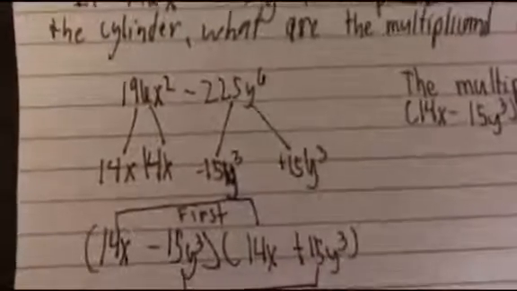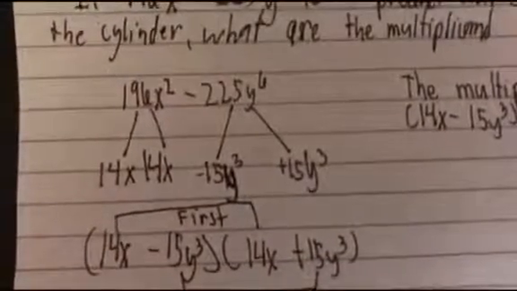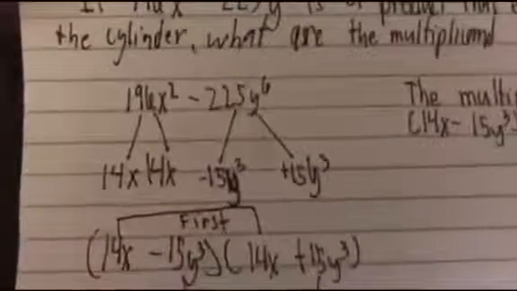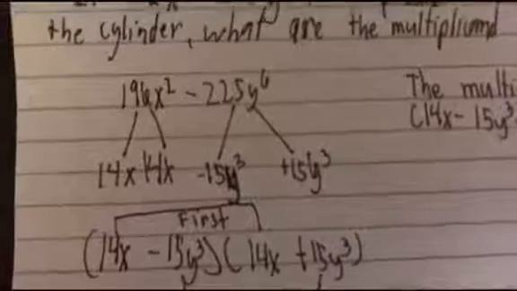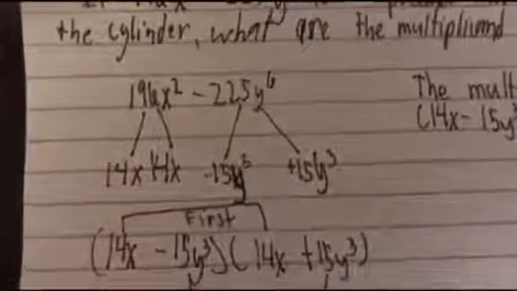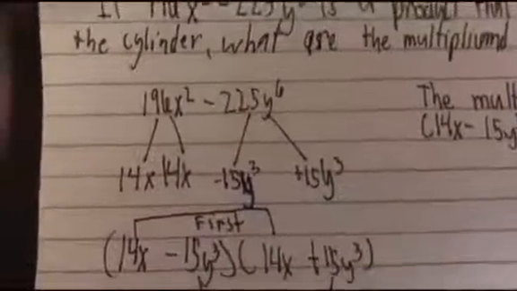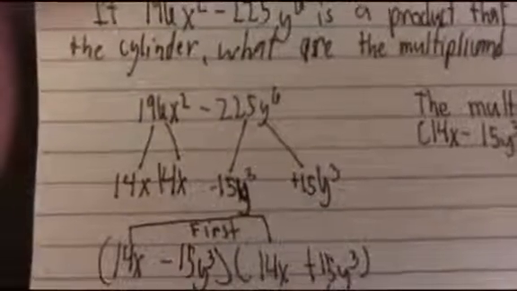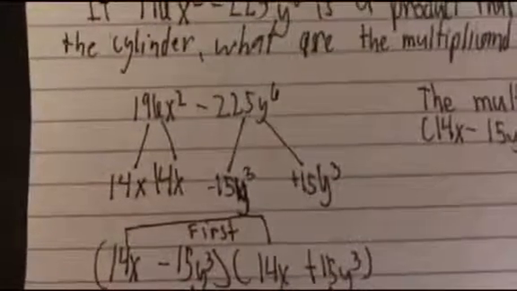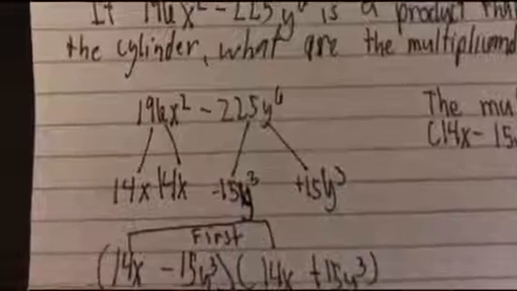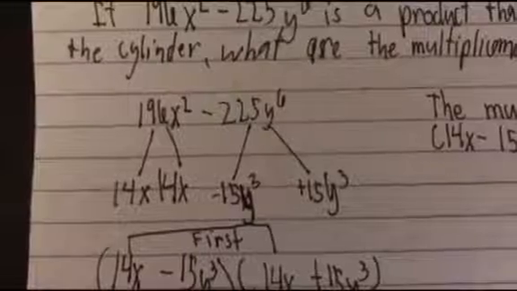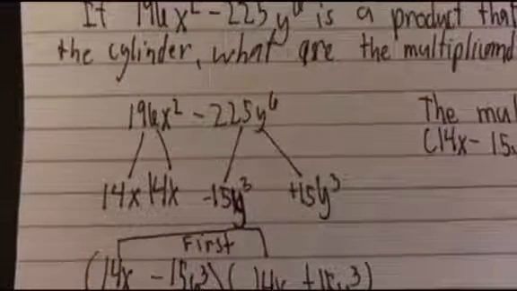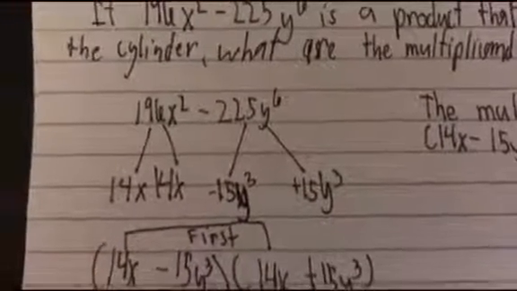We will take the square root. The square root of 196 is 14, and the square root of x squared is x. So we will have 14x. Now that we have the square root of 196x squared, we go to negative 225y raised to the power of 6.